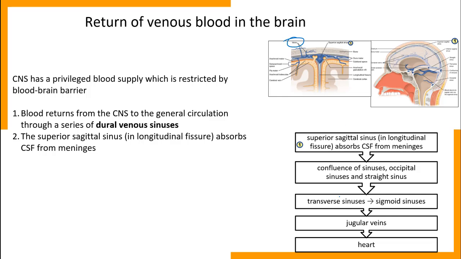And what happens is all the blood and the cerebrospinal fluid travels along the sinuses, right? Superior sagittal sinus is found right in the medial section of the cerebrum, and then it travels through these various sinuses into the jugular veins, and from the jugular veins it makes its way back to the heart.